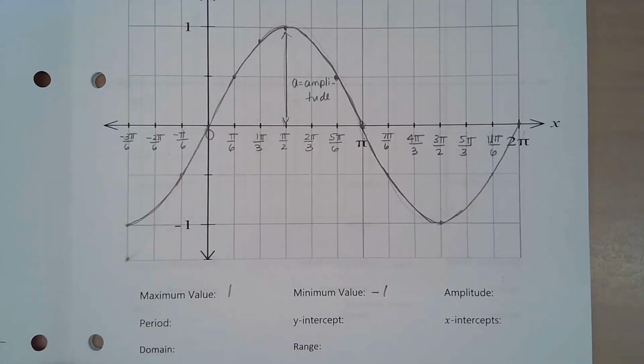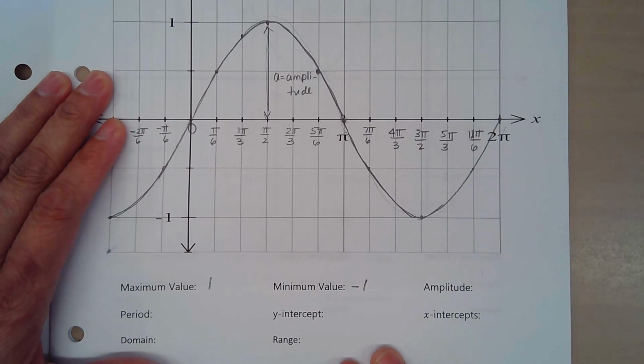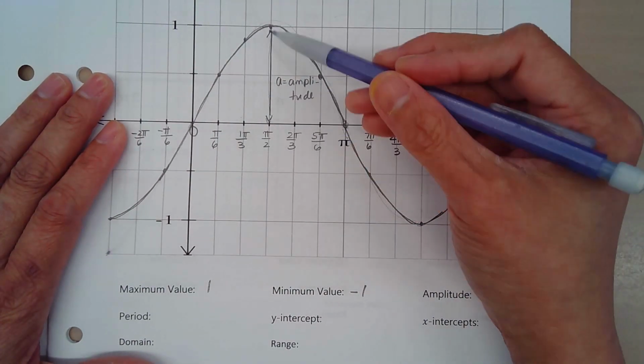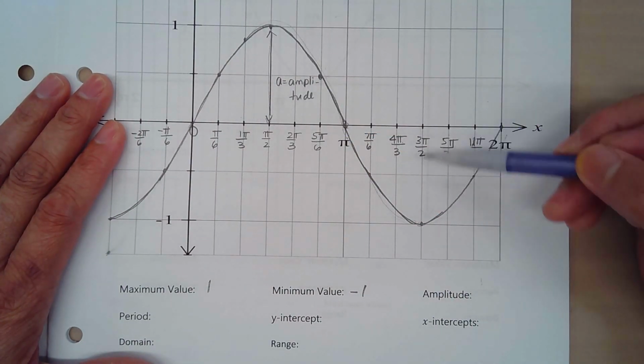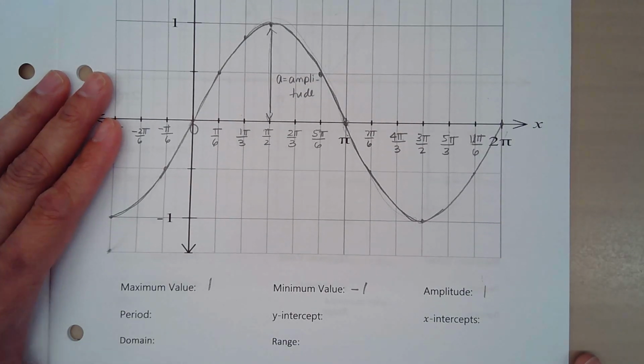So the amplitude is from middle to the maximum or middle to the minimum, and in this case, it's 1 unit.